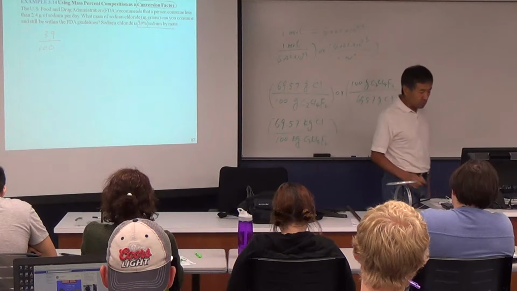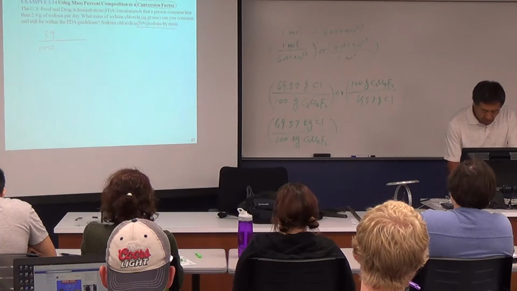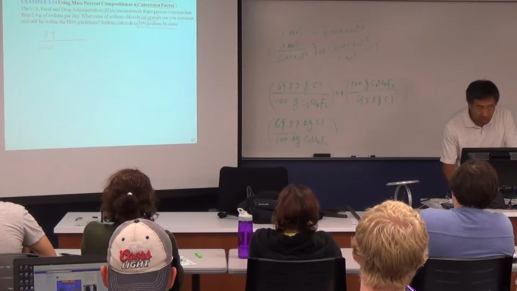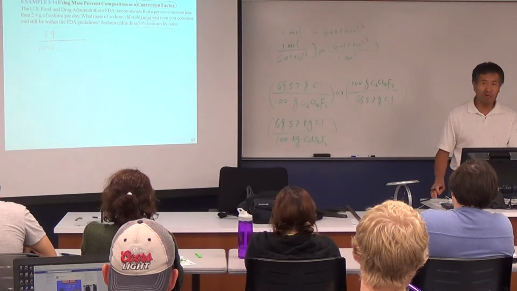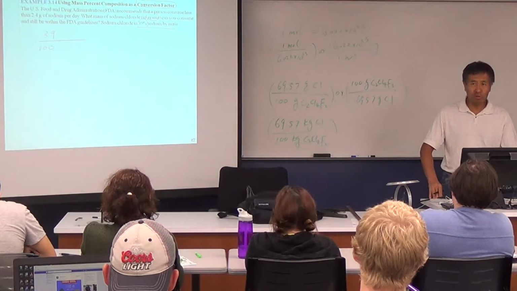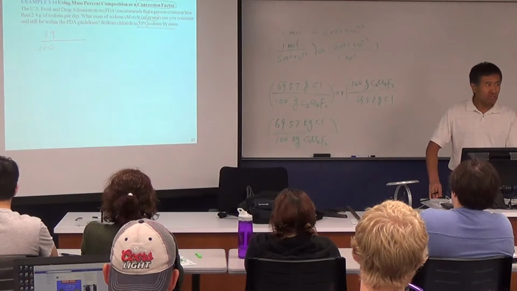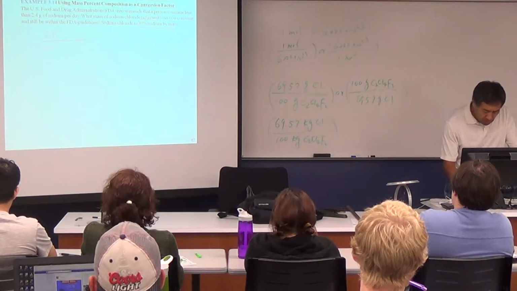You choose first what the unit is, because you are going to calculate in grams. The problem asks you to calculate how much NaCl you can consume in grams. So for this given mass percent, you are going to use gram.